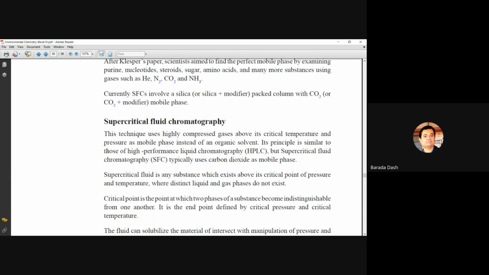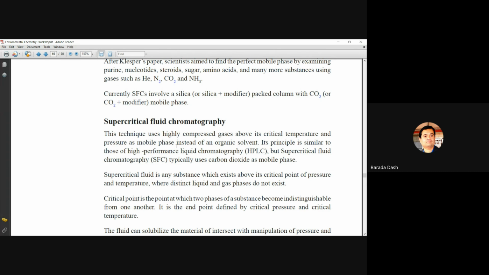In this technique, highly compressed gases above their critical temperature and pressure are used as mobile phase instead of organic solvent. Basically we use supercritical fluids as the mobile phase instead of normal organic solvent.